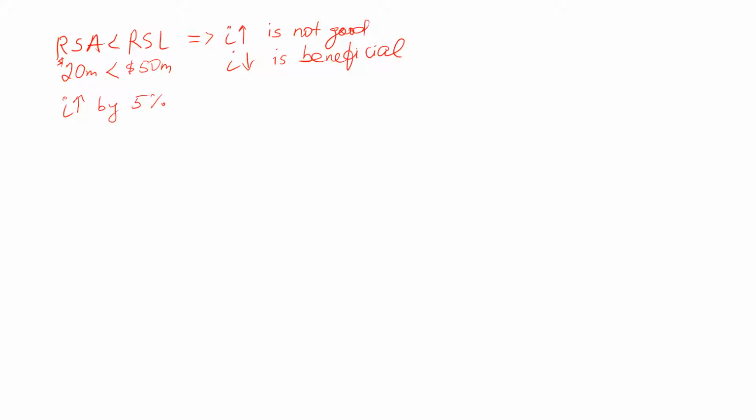What happens to the bank's assets and what happens to the bank's liabilities? The increase of the interest rate by 5% is going to increase the interest income received by the bank. By how much? Let's see.